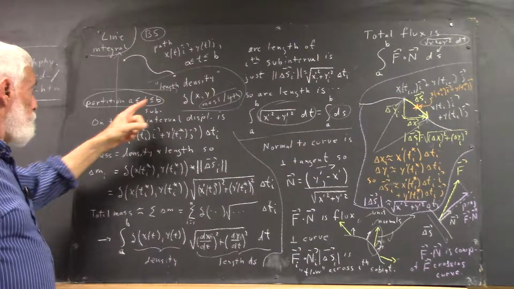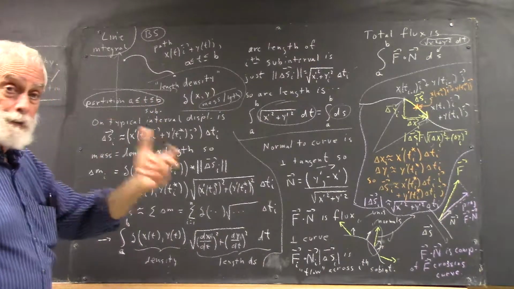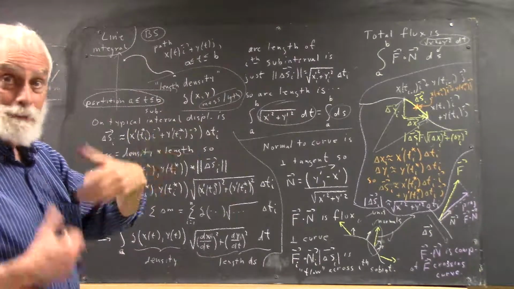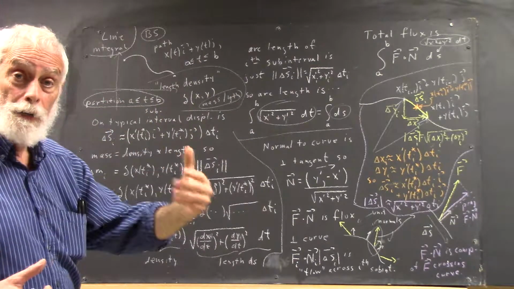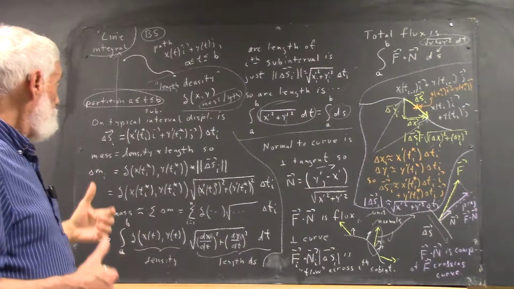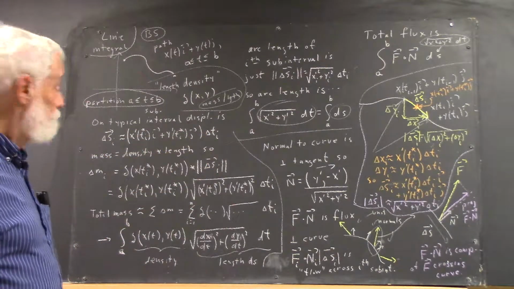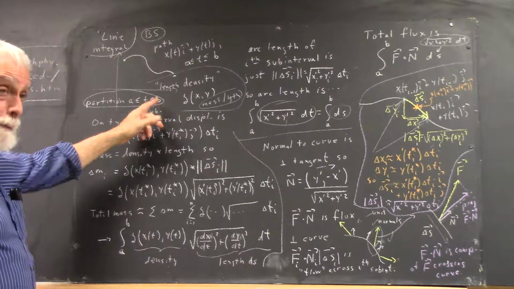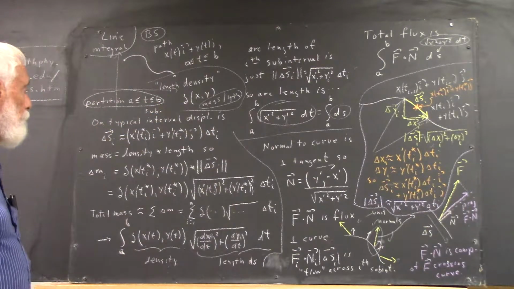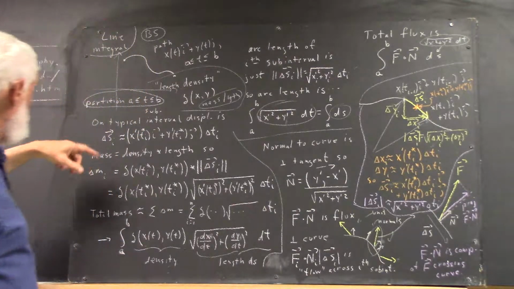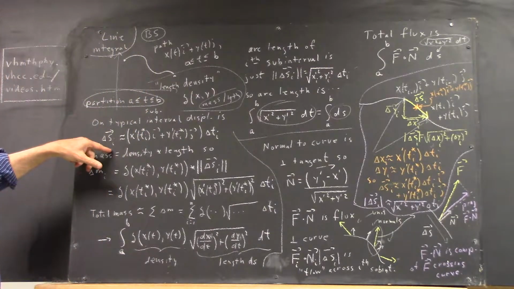So we know we're going to have a typical ith subinterval with a sample point t sub i star and length delta t sub i, in the interval of our parameter space. And that's going to give us an interval out here in two-dimensional space, a delta s sub i interval.